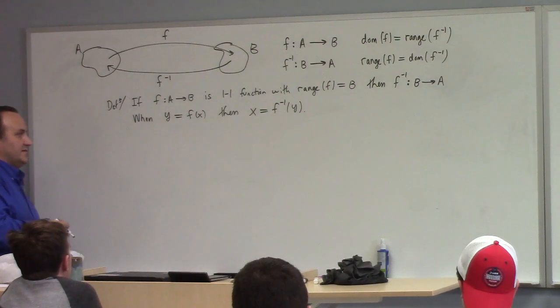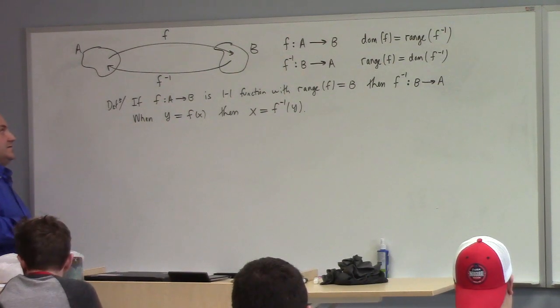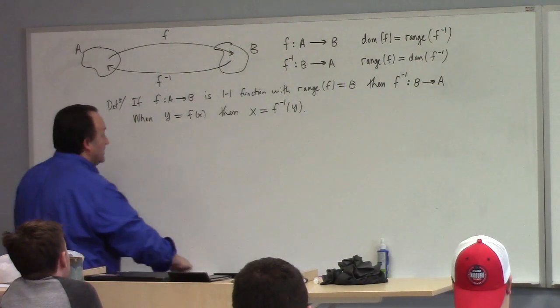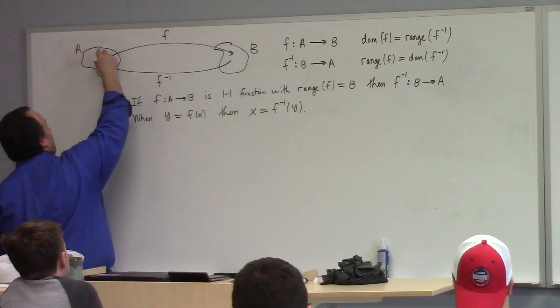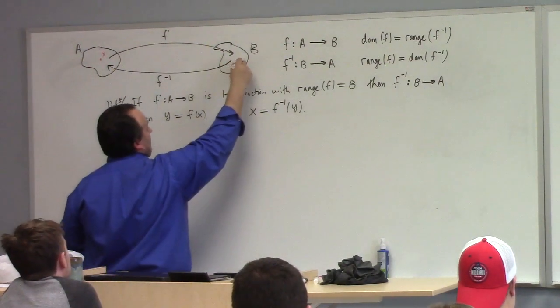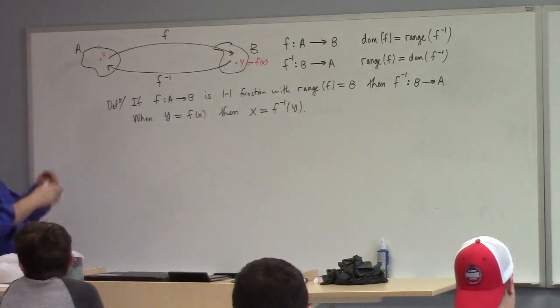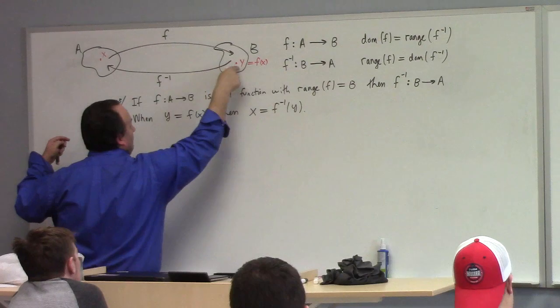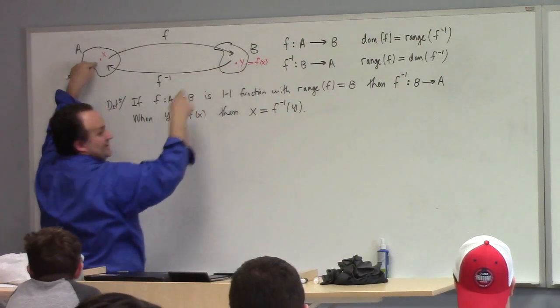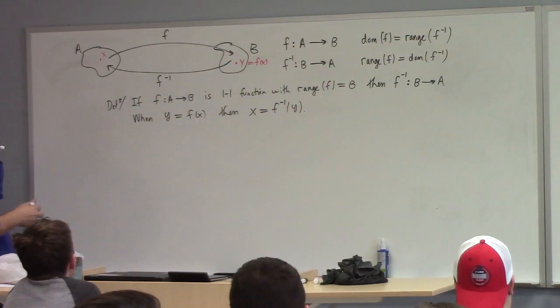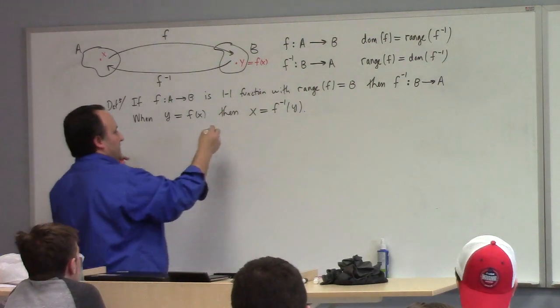That's how the inverse function works. If the function starts with x and maps over here to y equals f of x, then the inverse function takes that y and moves it back to x. That's what it does. Now, let me give you some more specific equations here.